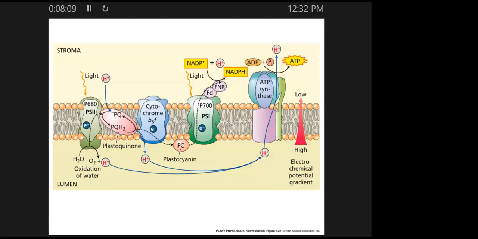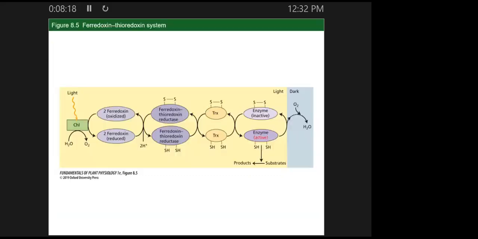But ferredoxin can also take an electron that it grabs from photosystem 1, and it can enter into this light activation redox reaction. So here is the idea. What they're showing here is a short redox reaction.